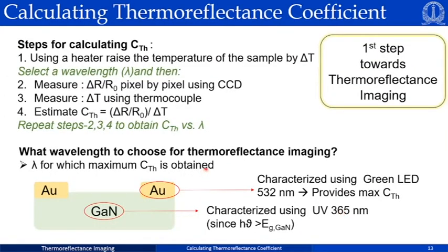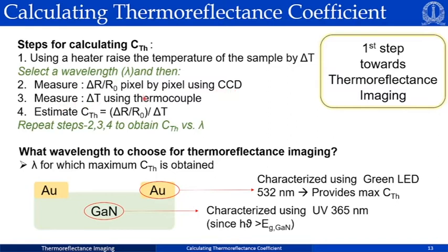Okay, so although I have given the calibration flow chart, I will quickly reiterate the steps for calculating the thermo-reflectance coefficient. Number one, you have to use a heater to raise the temperature of the sample by a known delta T value. You have to select a wavelength, right? Because initially to begin with you do not have an idea what wavelength would be good for my measurement. So you select a wavelength, then measure delta R by R pixel by pixel using the CCD.